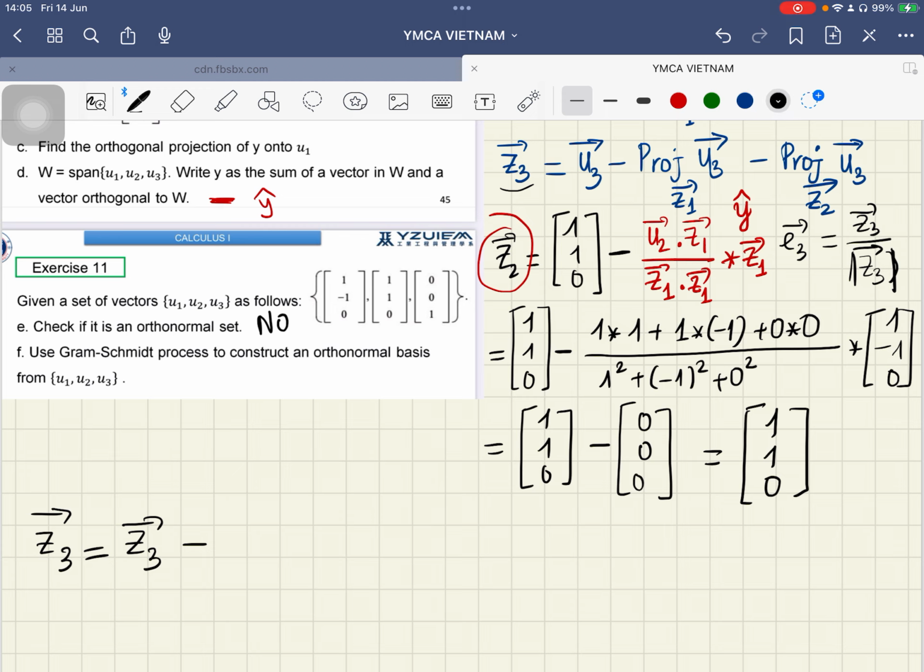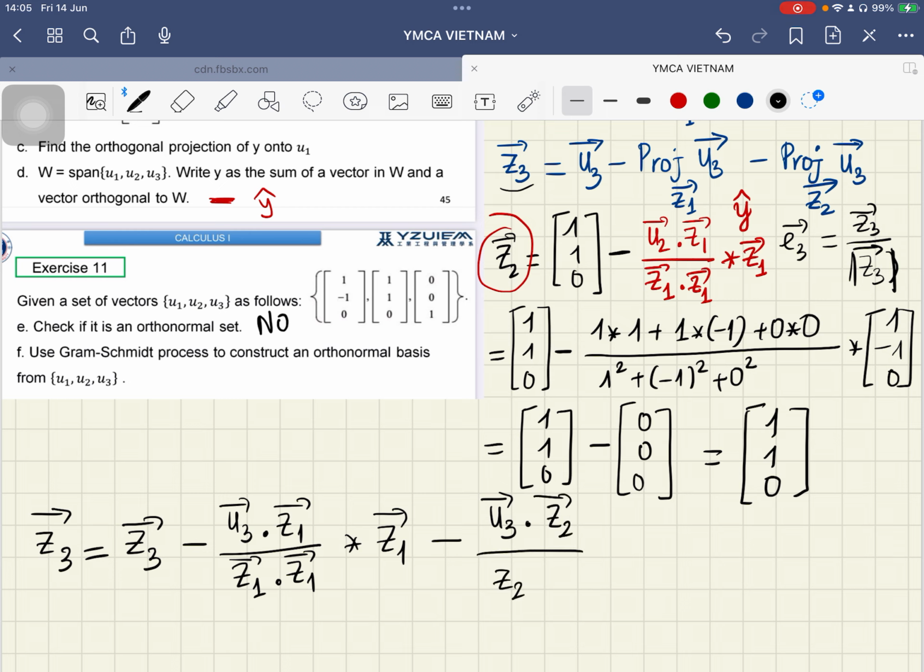So we have is equal to the dot product between U3 and Z1 divided by the dot product of Z1 and Z1 multiplied by Z1, minus the dot product between U3 and Z2 divided by the dot product of Z2 and Z2 multiplied by Z2.